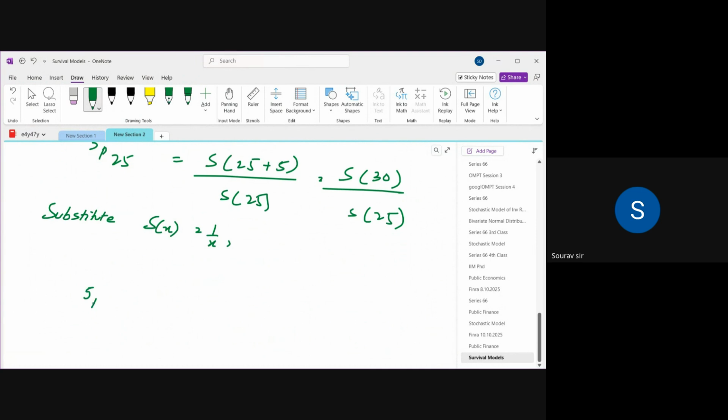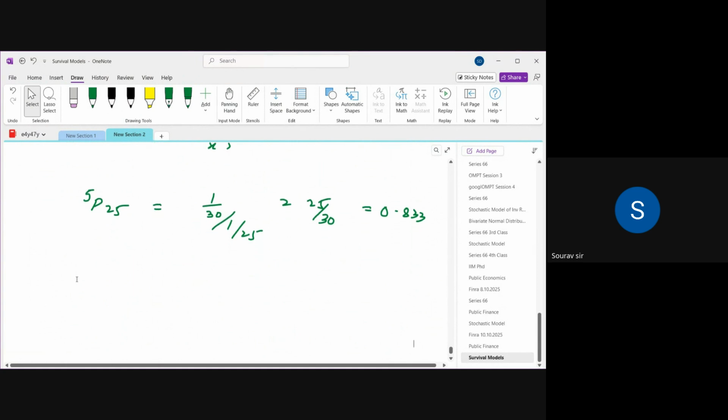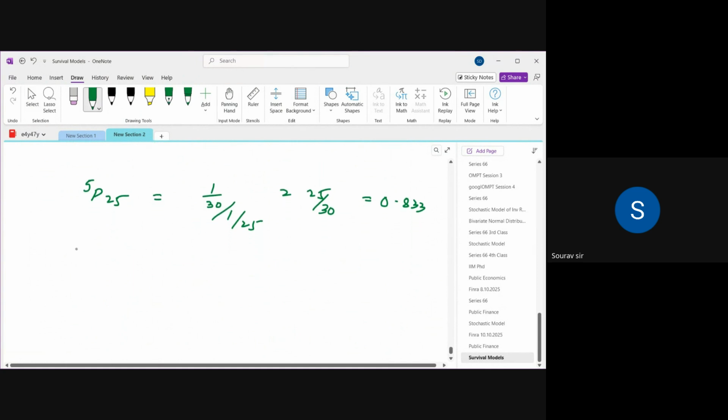So 5p25 equals 1 by 30 divided by 1 by 25, that is 25 upon 30, so 0.833, and 5q25 is 0.167.